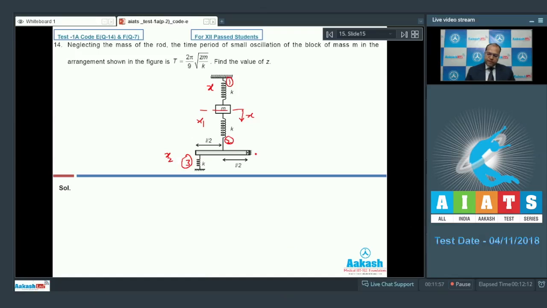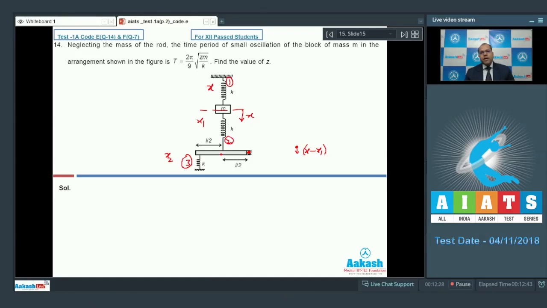So if I write the equation of the constraint, suppose this rod is rotated by an angle theta. Then I can say that this point is extended by a distance of x minus x1, because when this block is descended by a distance x, this spring also moved down by a distance x, but there is a compression in this spring which is x1.